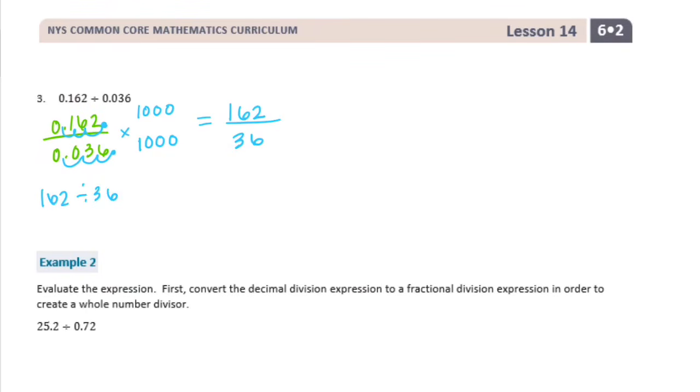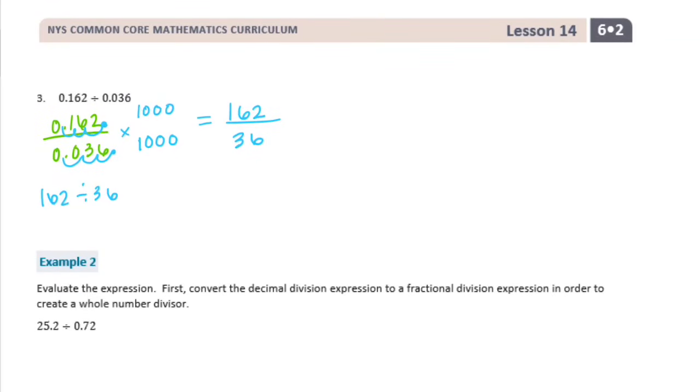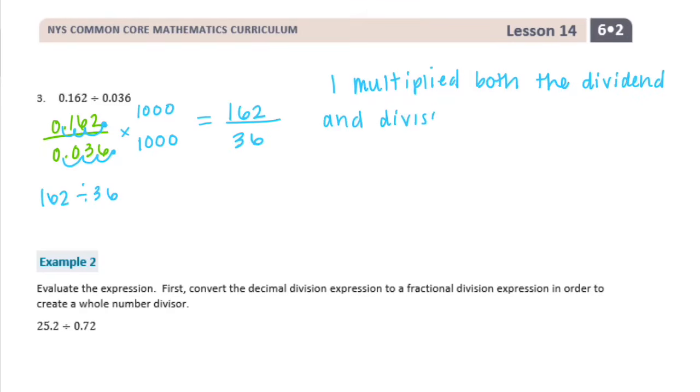So now I'm just going to copy what we had said earlier. Same type of template. So let's say I multiplied both the dividend and divisor by 1,000, or 3 powers of 10.